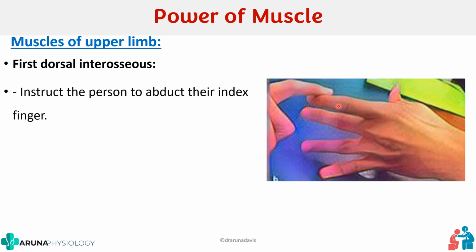Ask the person to abduct the index finger, whereas the examiner will apply resistance and not allow that movement. Remember, you apply the resistance on the outward aspect of the index finger while the person is trying to abduct it. Clear? So that is how we will test for the first dorsal interossei.